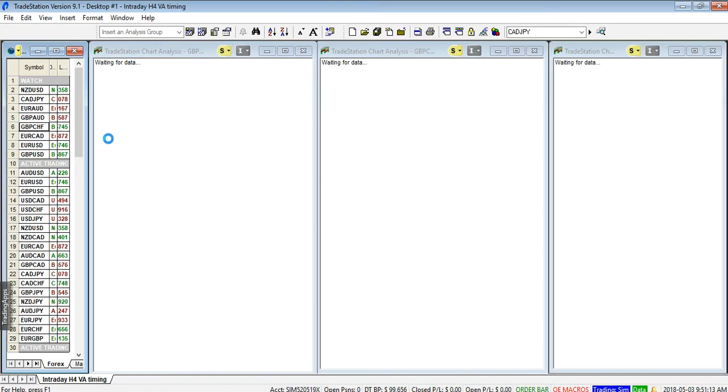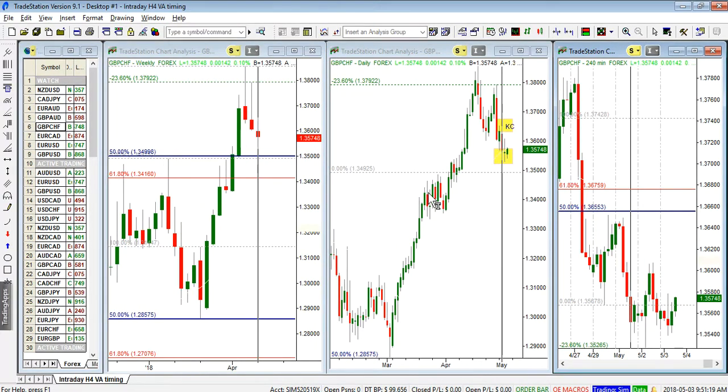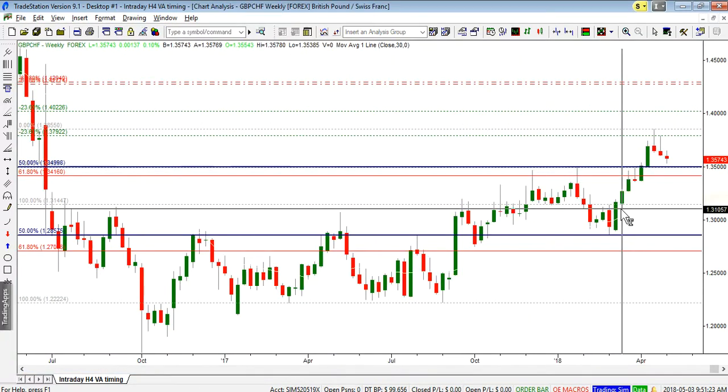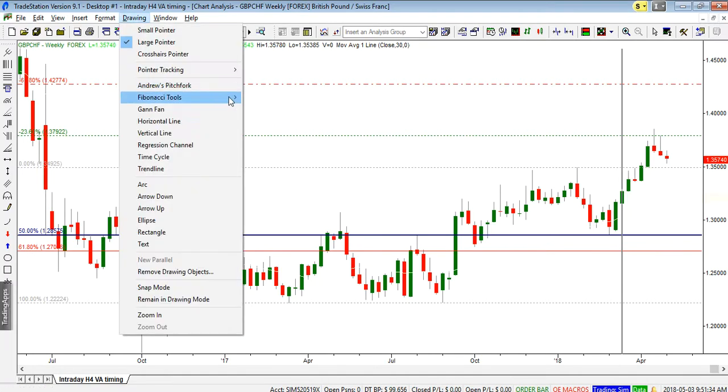Okay, and pound versus Swiss franc here, we've seen a move lower, and remember, this market is in a sequence of 50% long, has hit the first target and is now correcting.